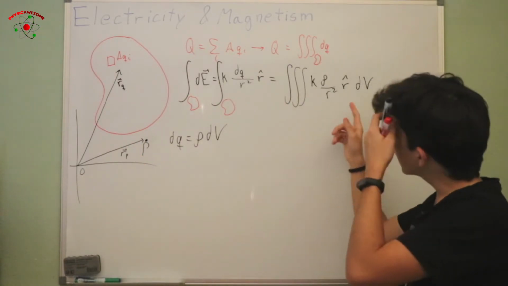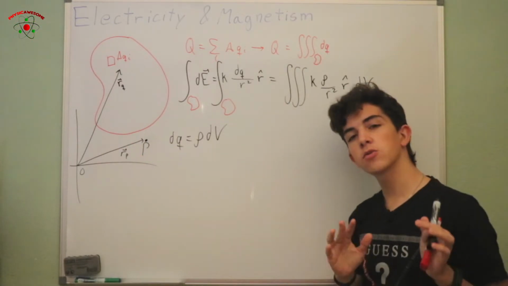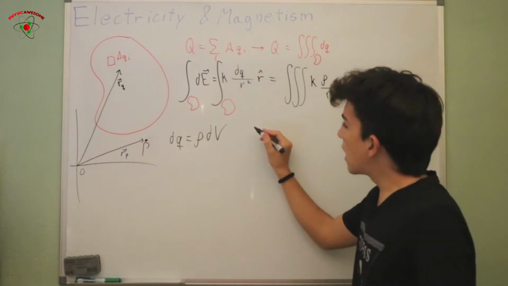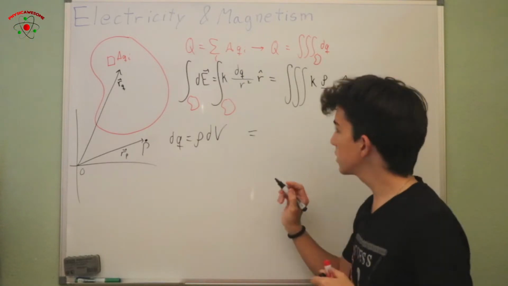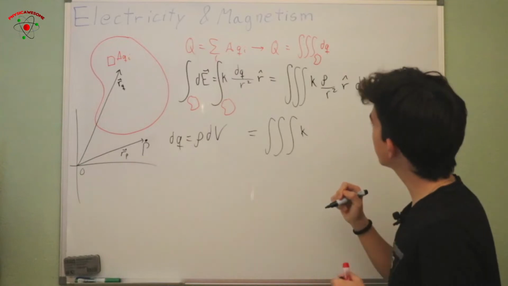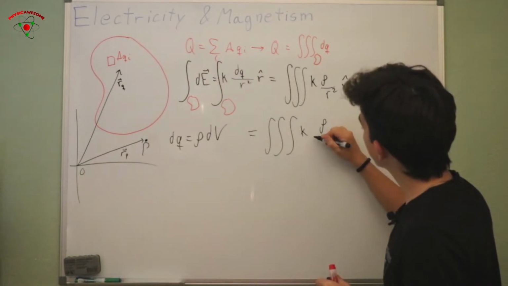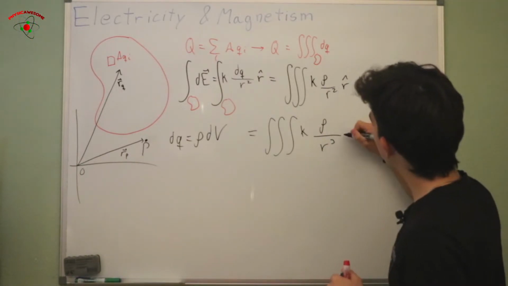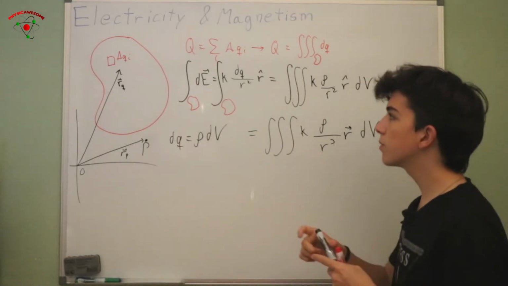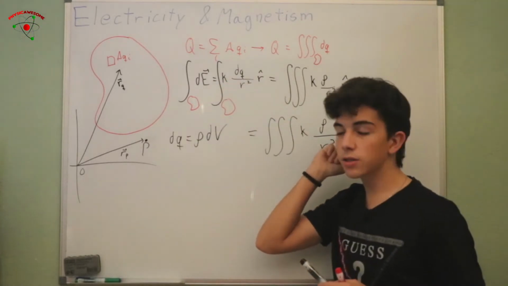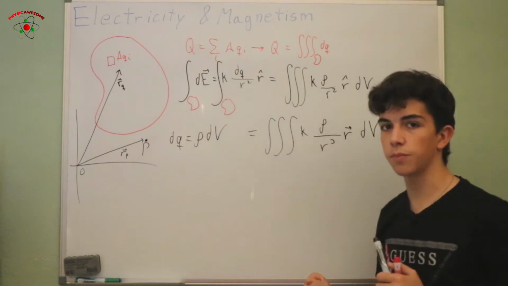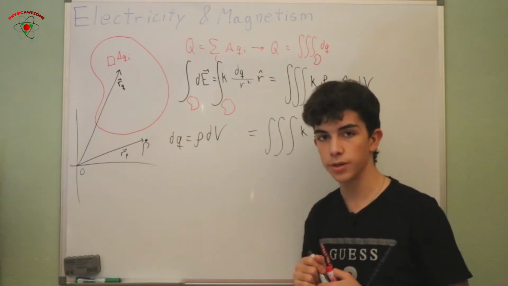Alright, now this expression for the electric field is not really useful. A better expression is to take the definition of the unit vector and put it into our equation so that we have r cubed r dB. And remember, this is going to be the vector pointing from the charge to our point rp.